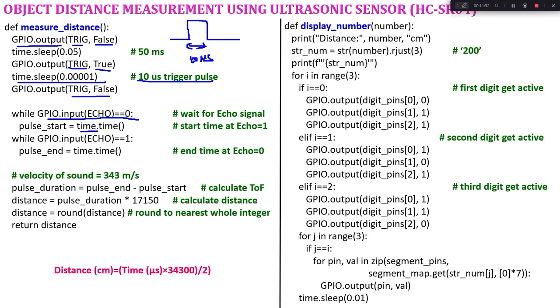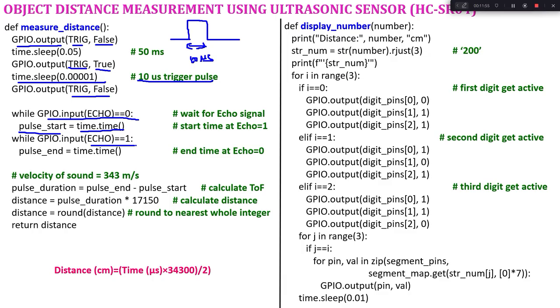We are going to take the time and push it onto the variable pulse_start. So our echo signal is going to have the starting time. Then I am going to remain in 1 until we have a transition from 1 to 0.